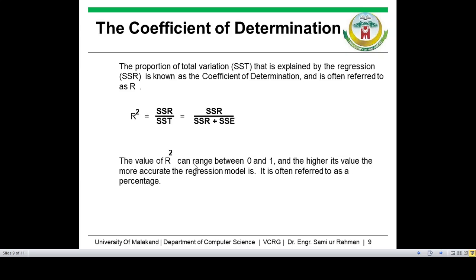The value of R square can range between 0 and 1, and the higher its value, the more accurate the regression model is. It is often referred to as a percentage. If it is close to 1, then the model accurately predicts the observation, but if it is close to 0, then the model prediction is not accurate. So this is a very important value.